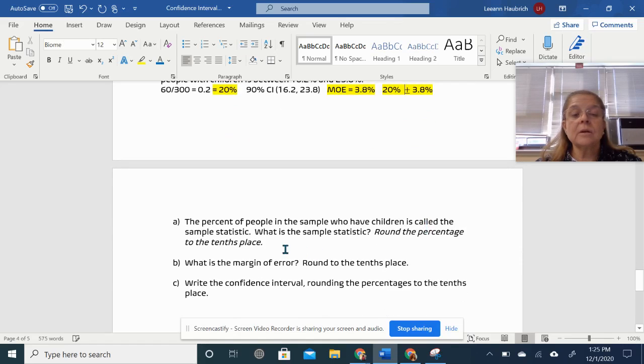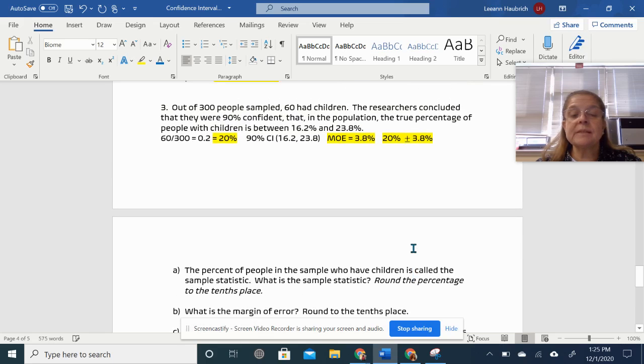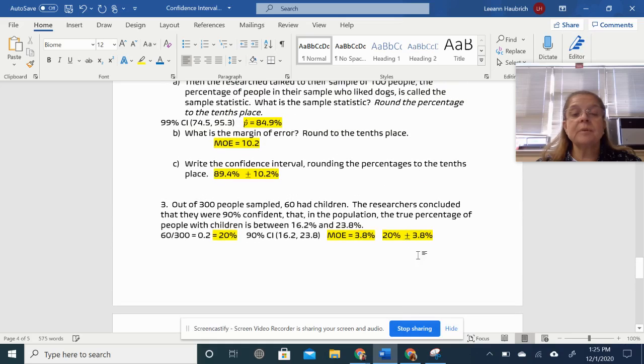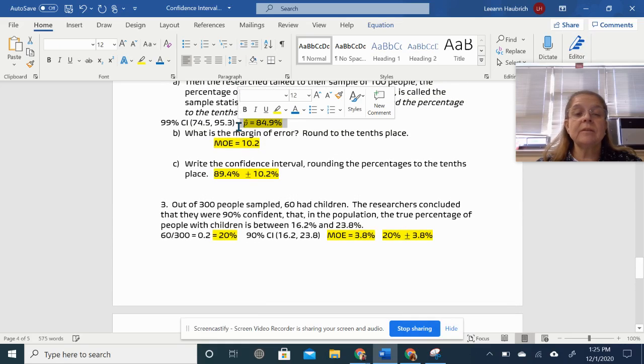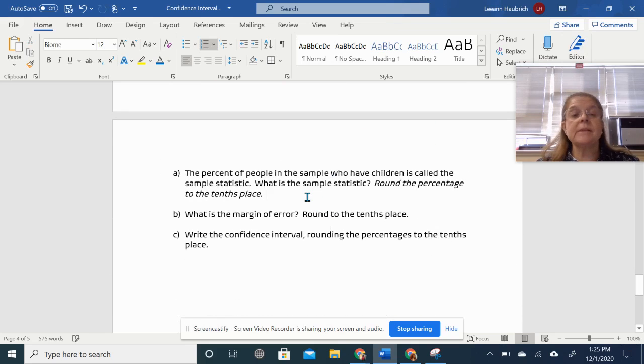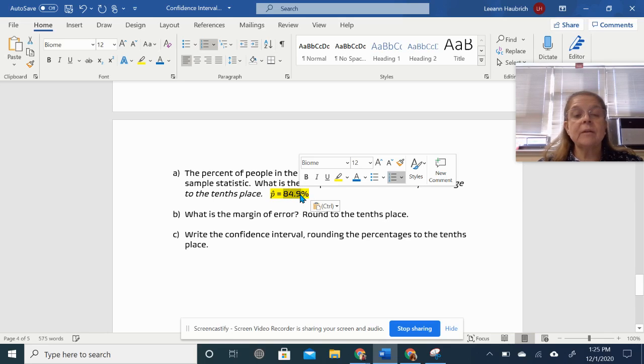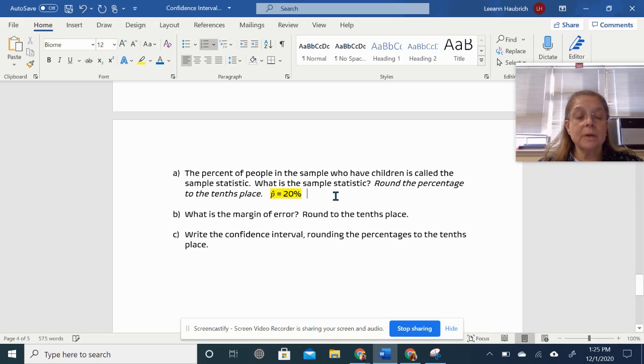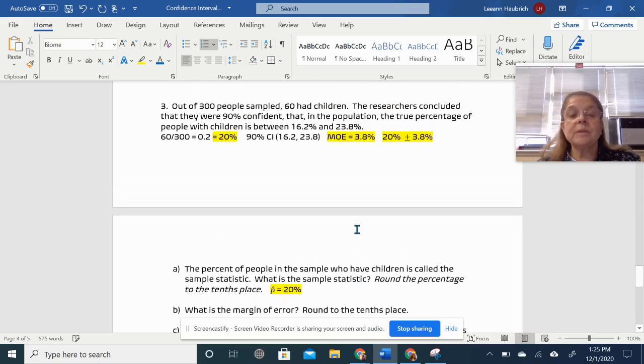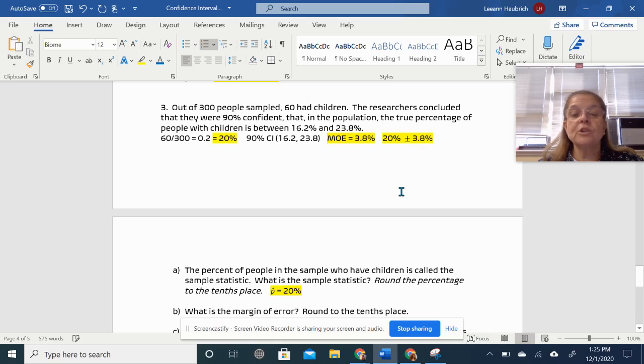Let's see what these questions said. The percent of people in this sample who have children is called the sample statistic. What is our sample statistic? Well, we already did all this work. I'm just going to steal a p hat from up here, which means sample statistic. Move it down here and change this to 20 for 20%. We did the work. What is the margin of error? Round to the nearest tenth.